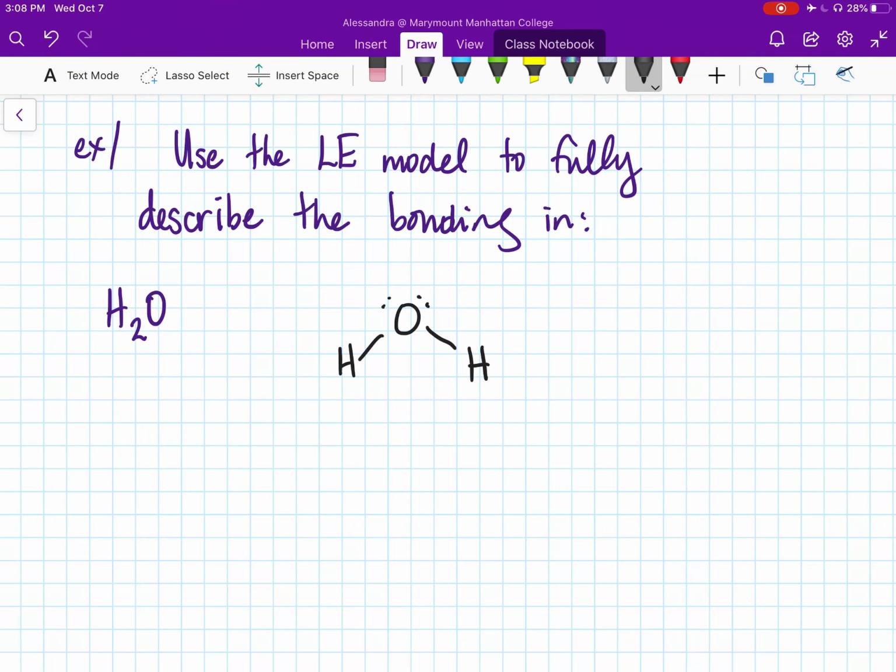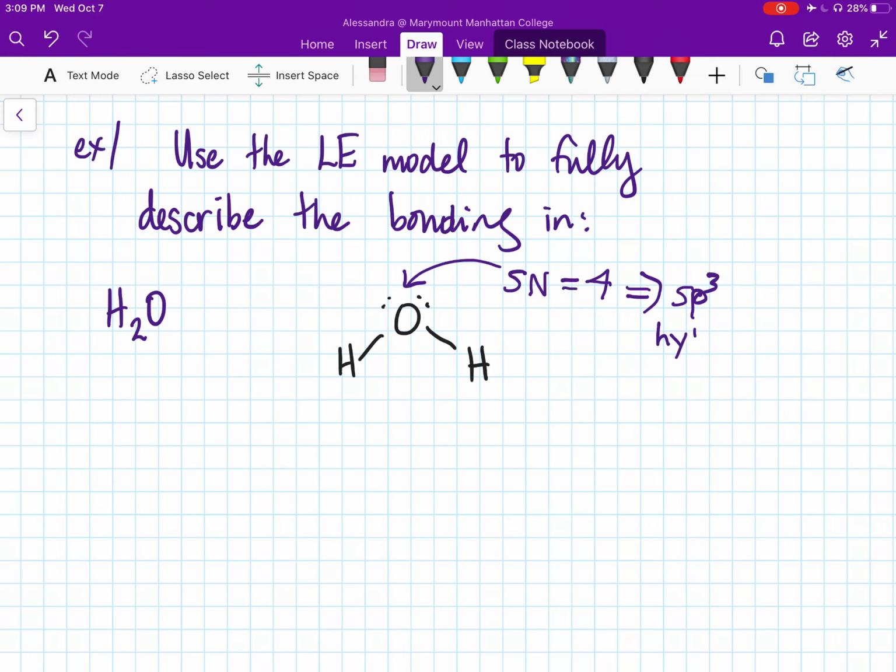Then we need to figure out what the substituent number and hybridization is on all of the atoms. And here, really, that only involves the central atom, which has a substituent number equal to 4. A substituent number of 4 is going to give me sp3 hybridization on the oxygen.